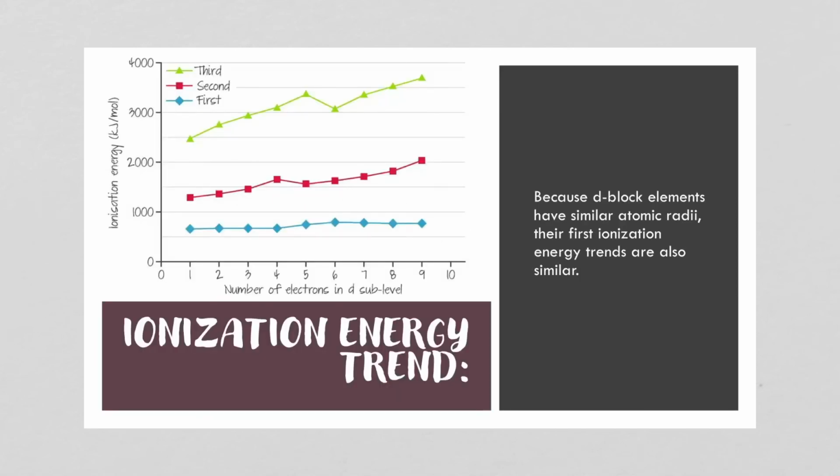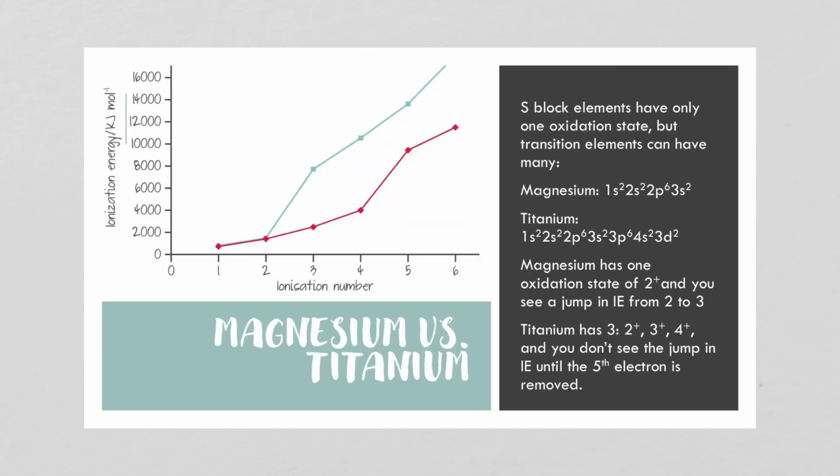The same thing with the ionization energy trend. Because the D block elements have similar atomic radii, the ionization energy trends are also quite similar. So S block elements have only 1 oxidation state, but transition elements can have many.